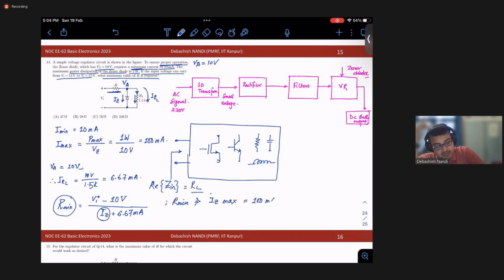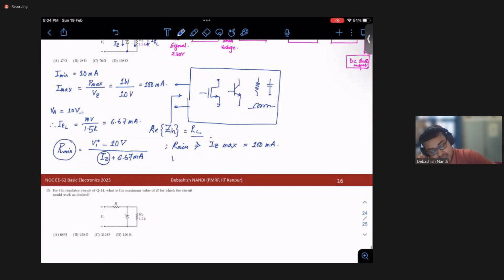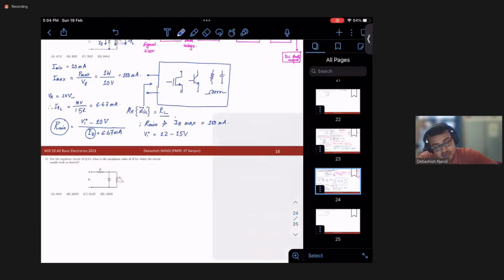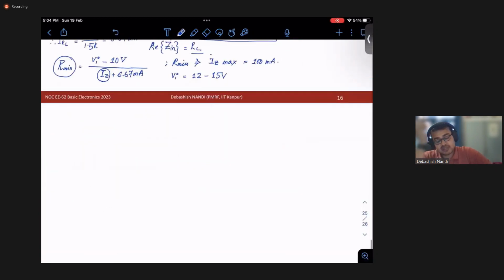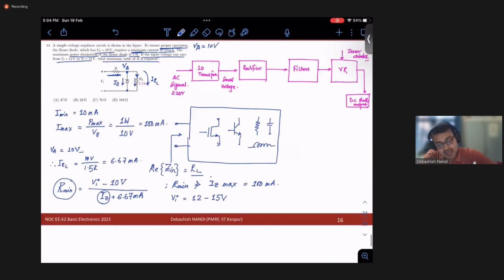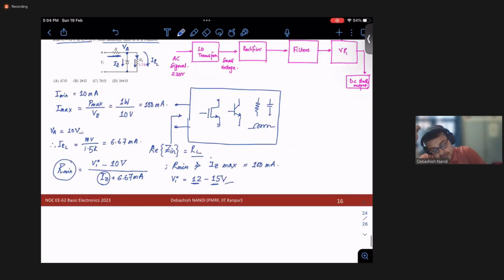And your Vin should be between 12 to 15 volt, because that is the fluctuation level they are checking, right? So what value of Vi should we take? If you take Vi equal to 15 volt, then my R minimum is coming out to be 15 minus 5 upon 100 plus 6.67.